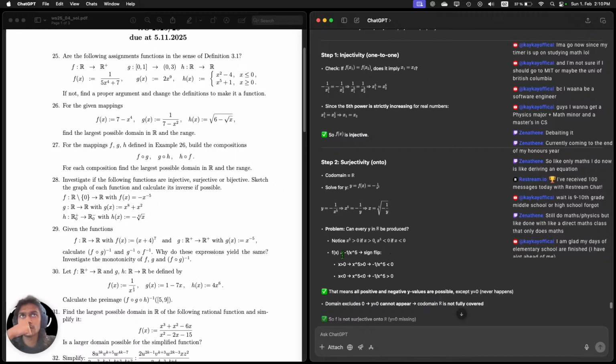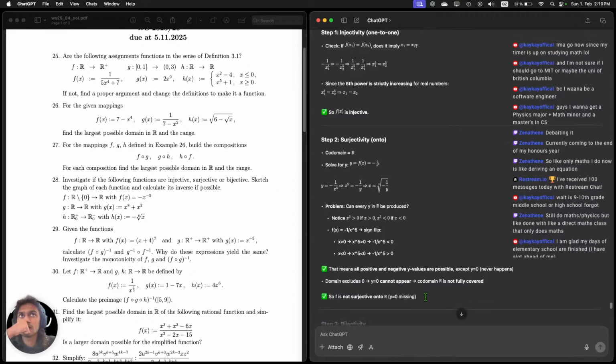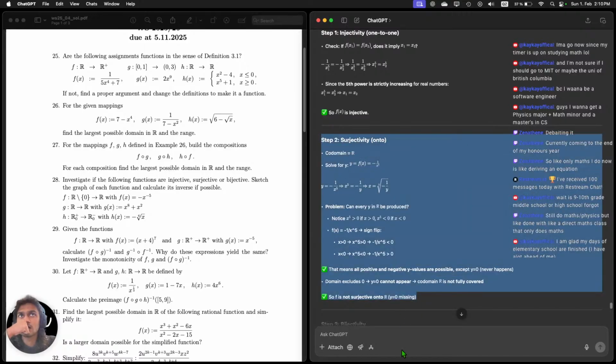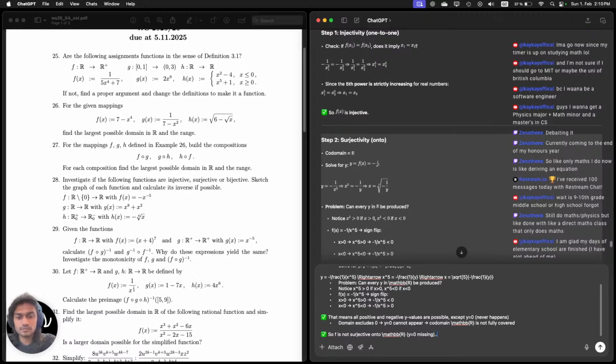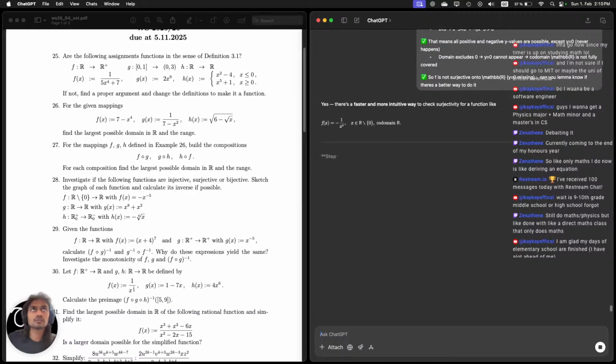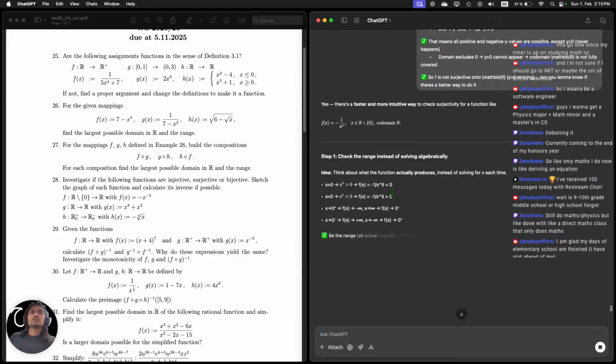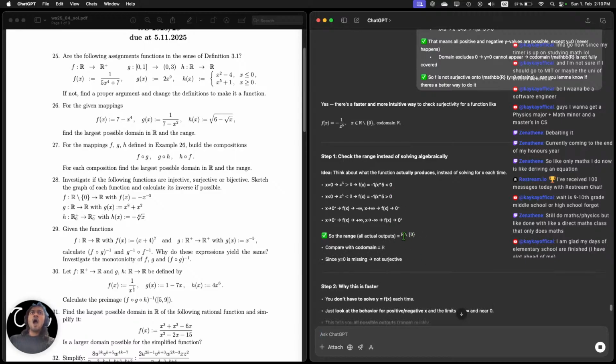If x less than 0, x to 0 plus, f of x is minus infinity.